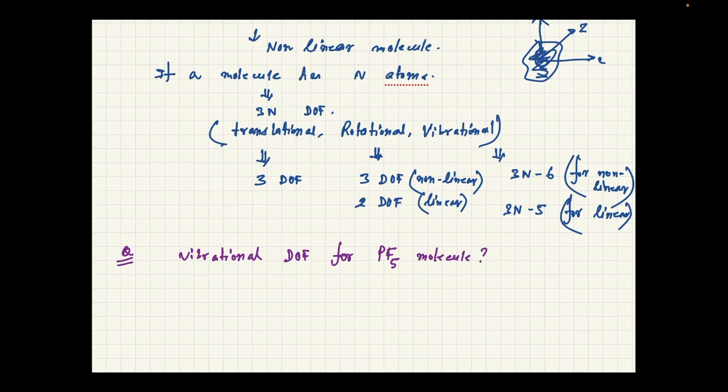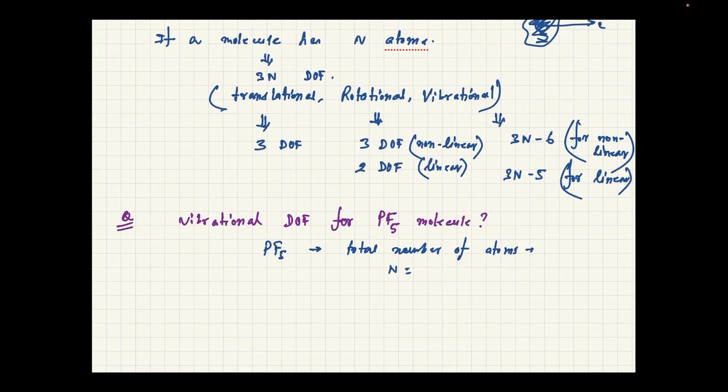Okay, so PF5, total number of atoms n equals 1 plus 5 equals 6. So total degrees of freedom 3n will be 3 times 6 equals 18.